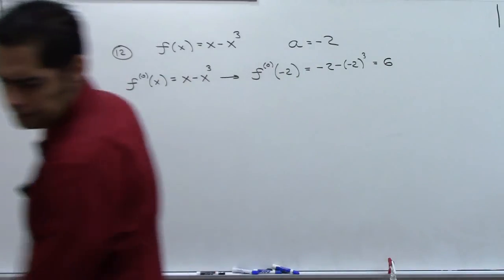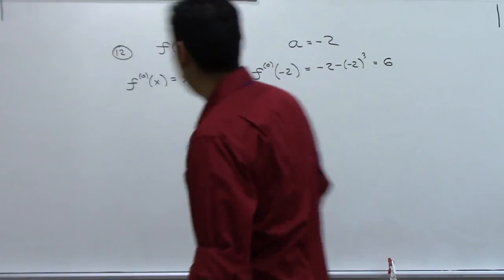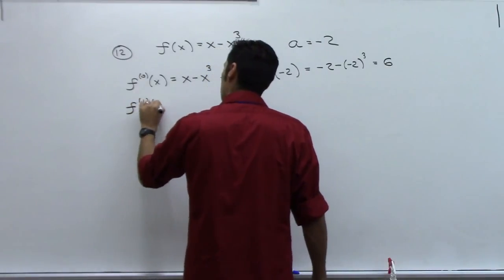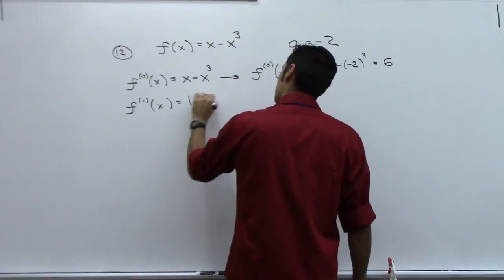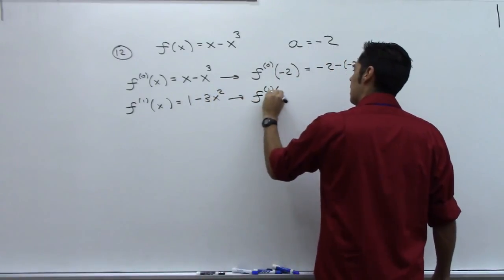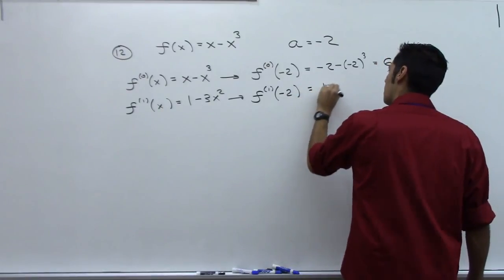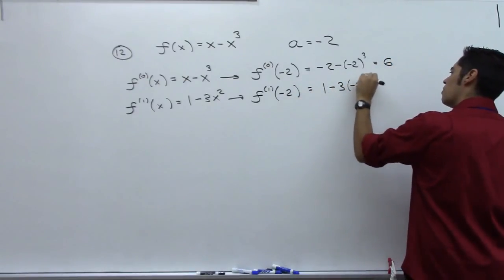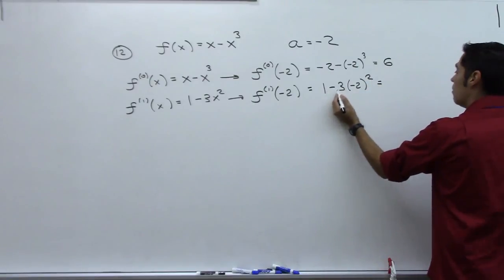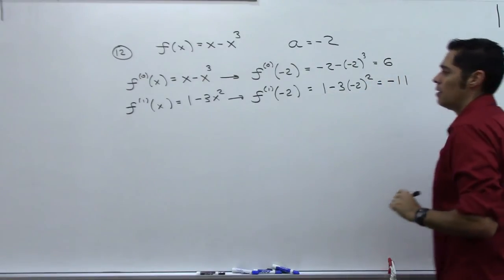And then I take the first derivative, which is 1 minus 3x squared. Then I look at the first derivative at negative 2. So I get 1 minus 3 times negative 2 squared. Negative 2 squared is 4, times 3 is 12. 1 minus 12 is negative 11.